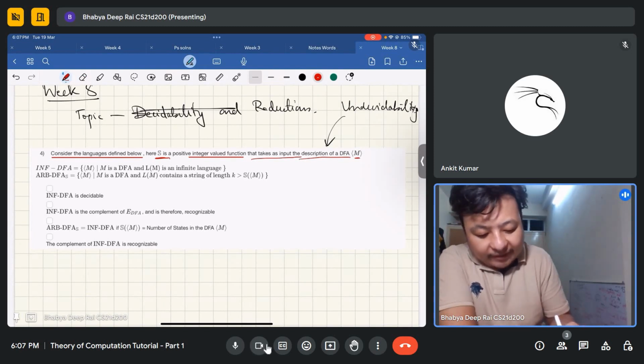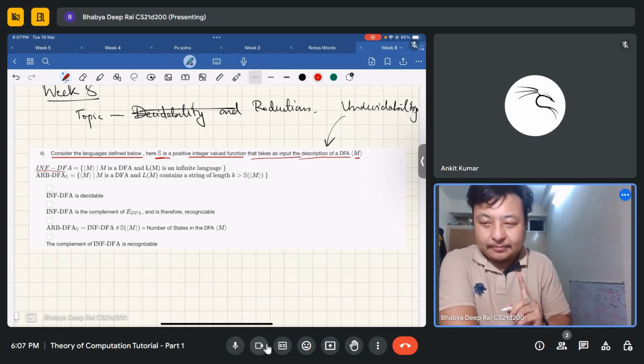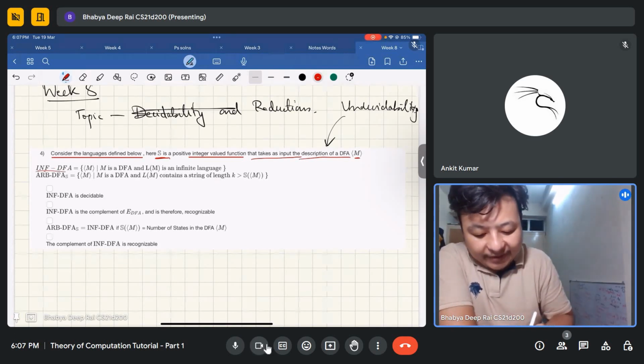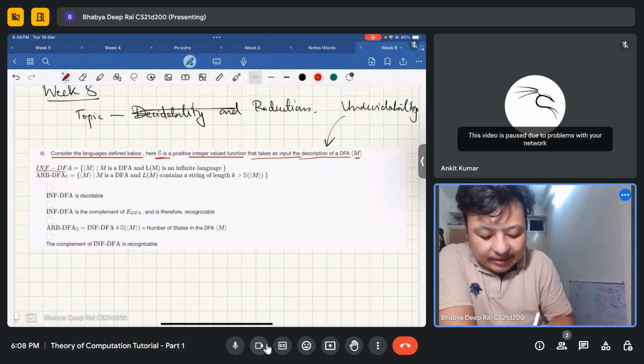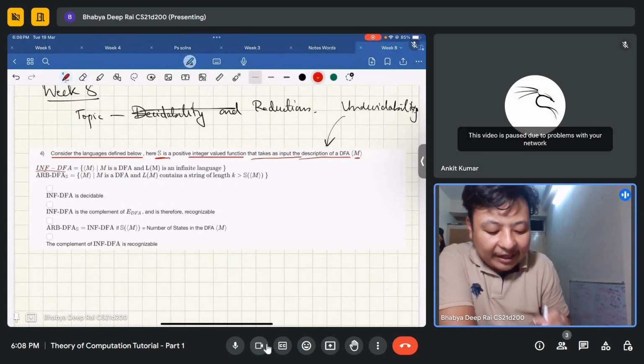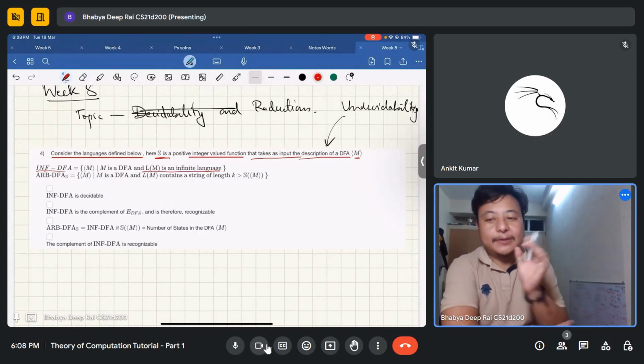So we have two languages given to us. The first one is what is called INF DFA. What is INF DFA? It is all those descriptions of DFAs such that M is a DFA and the language of M is an infinite language.